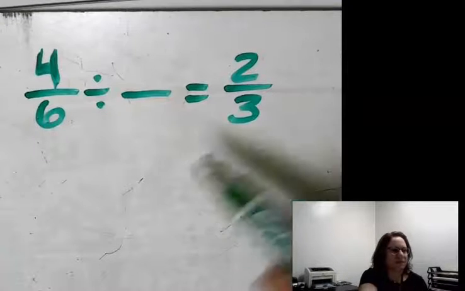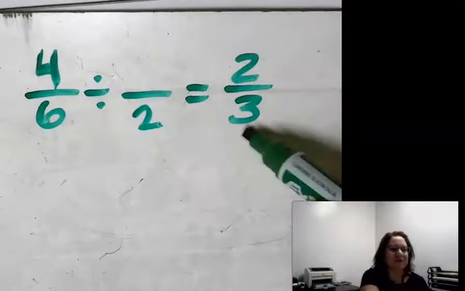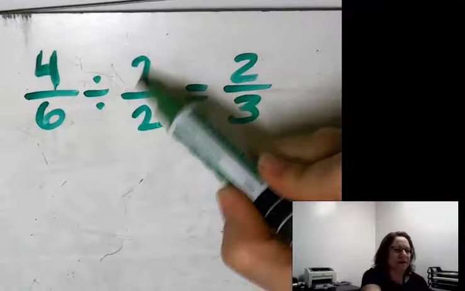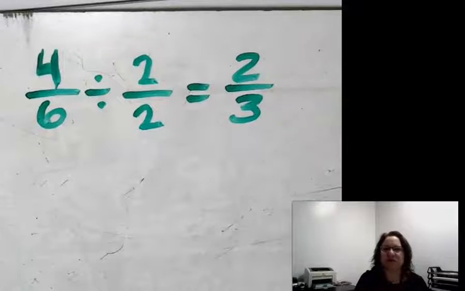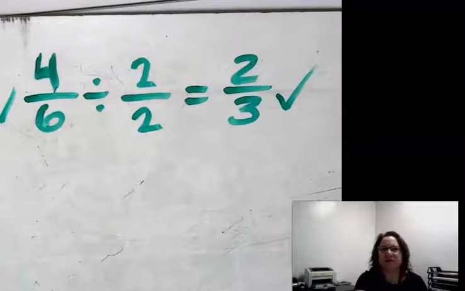Okay, so 6 divided by 2 equals 3, and 4 divided by 2 equals 2. So we found our equivalent fraction.